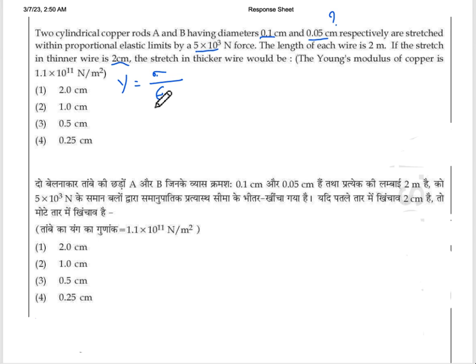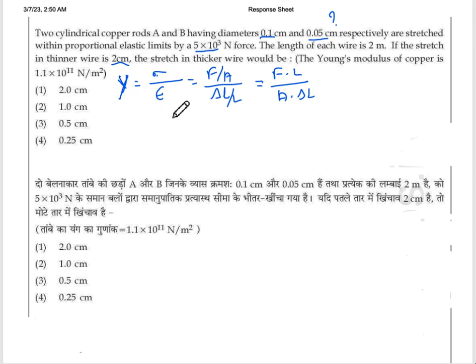Stress is force by area, and strain is change in length by original length. So I can write it as F into L divided by A into delta L. So this is the Young's modulus of elasticity Y.